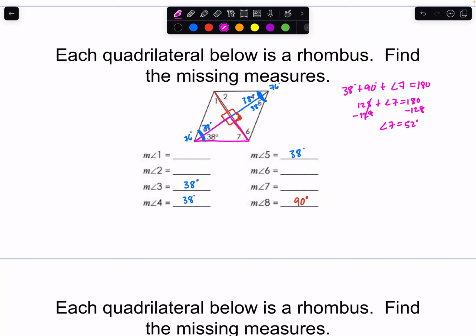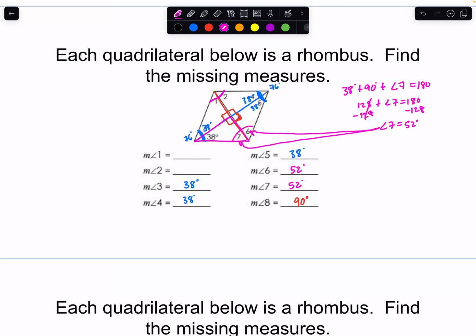So this little piece is 52, which means this one should also be 52 because the angle as a whole is being bisected, right? So angle 7 and angle 6 are both 52 degrees. Now, since these are congruent, on the opposite side, these will also be congruent.